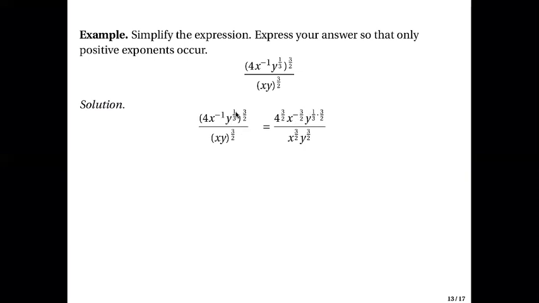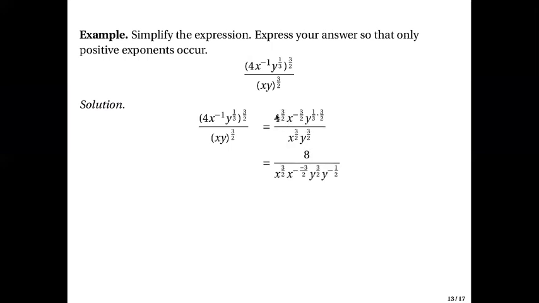Then y raised to 1/3, and then you raise it to 3 halves, so you multiply 1/3 and 3 halves. And on the denominator, you just distribute the 3 halves. So you will have this expression, and then we'll simplify everything.